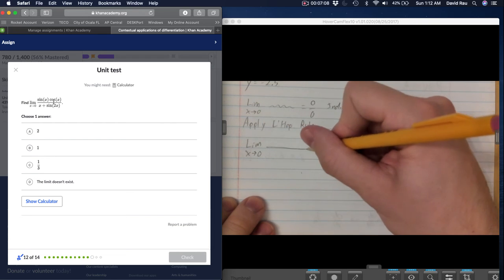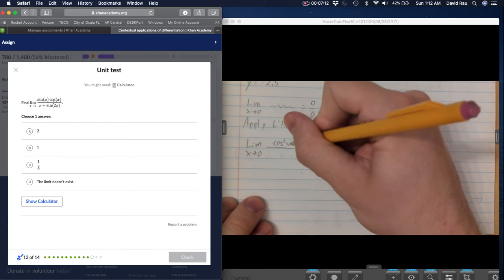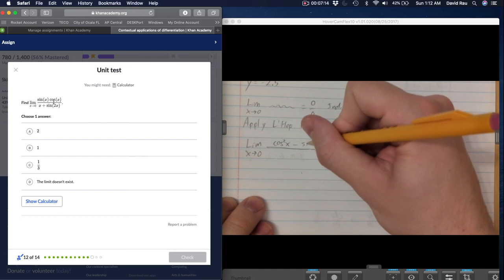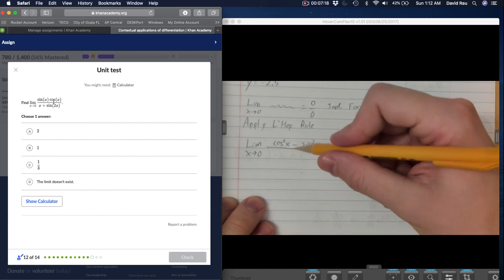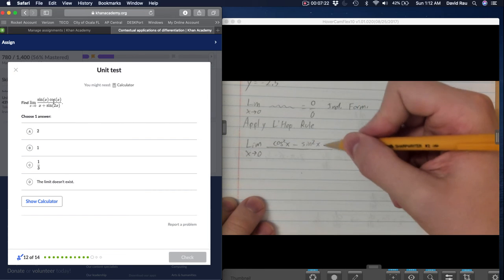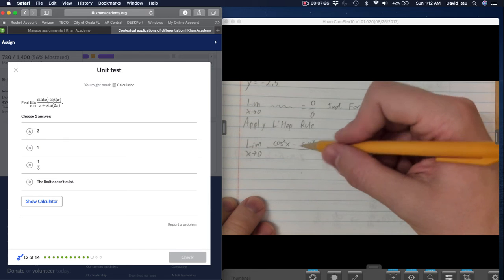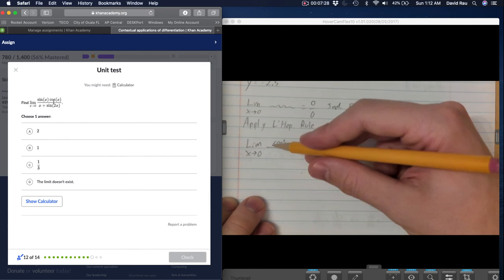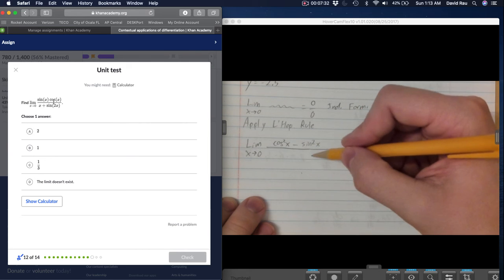When you work out the whole product rule, I'm skipping ahead here, you're going to end up with cosine squared minus sine squared. Just trust me on that. It should have a plus sign in between, but when you derive cosine, you'll get a negative sign. Your order can be a little bit different than mine, but essentially when you derive the numerator, you should end up with a positive cosine squared and a negative sine squared in some order.